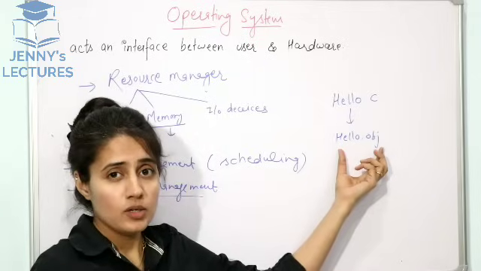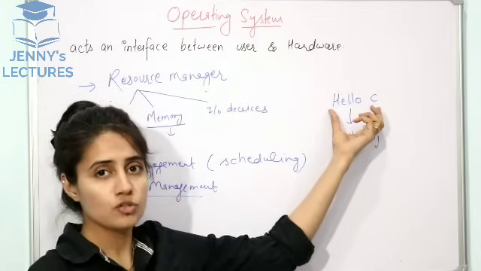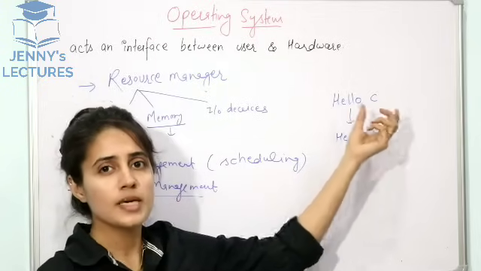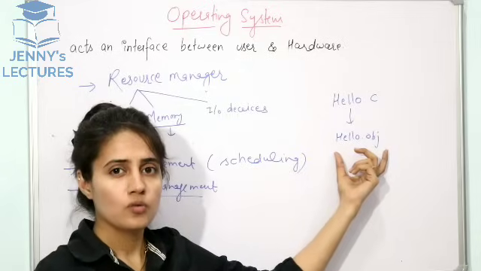because your system can only read the object file, it cannot read the program written in natural language. You write the program in English, and it must be converted into machine language, that is 0 or 1.